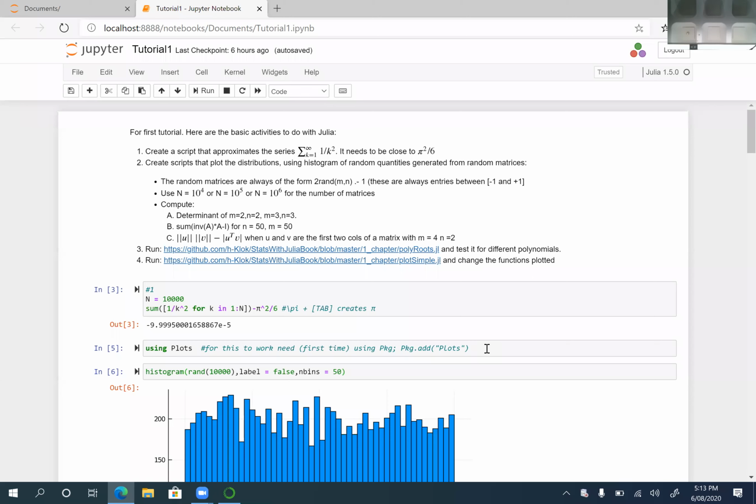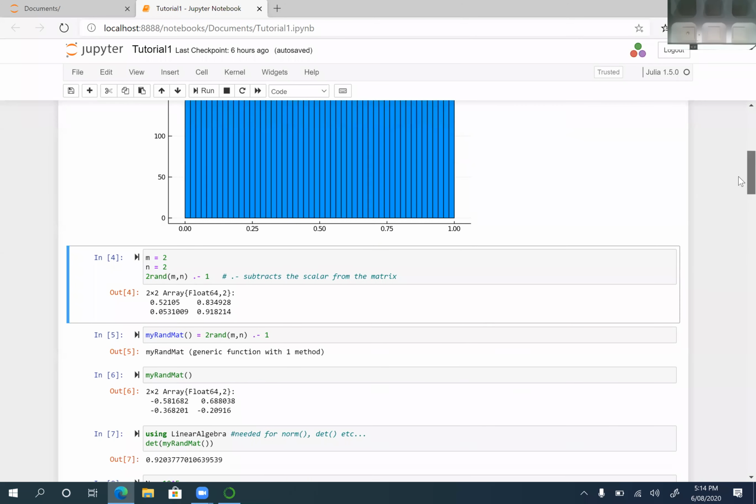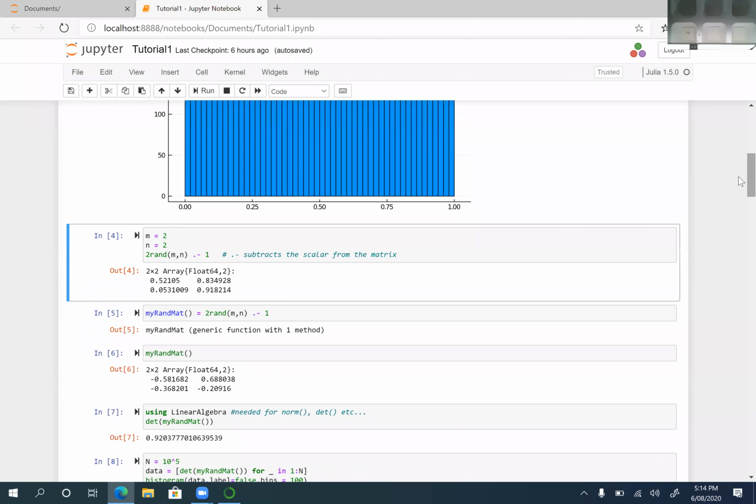Okay, anyway, continuing on. So let's see if I can scroll down. All right, so next, m equals 2, n equals 2. So we're putting these two in memory. And then what we're going to do is generate a random matrix. Now this is done in a particular way here, so I'll explain the syntax.